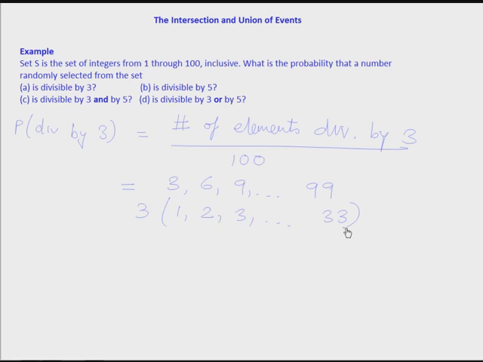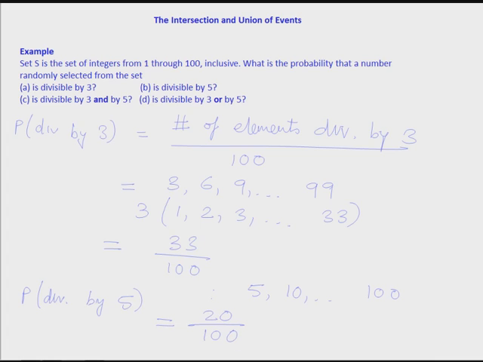So it's basically the first 33 multiples of 3. So there are 33 integers between 1 and 100 divisible by 3, and we have our probability, 33 over 100. Similarly, what is the probability that a number is divisible by 5? So P(divisible by 5): the numbers 5, 10, all the way to 100, which will turn out to be 20 over 100.